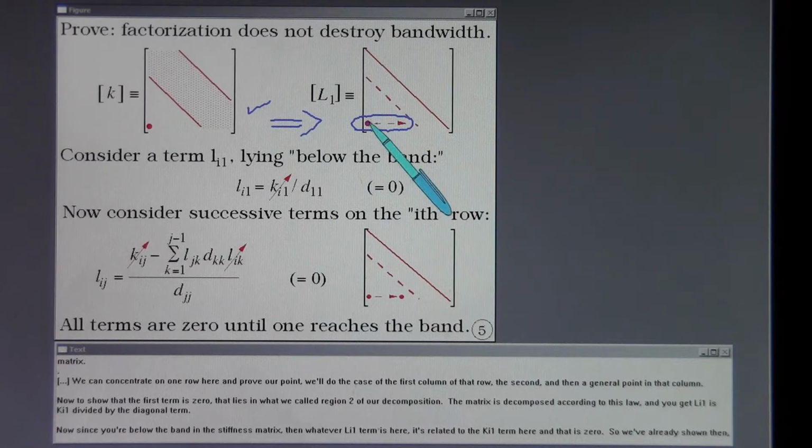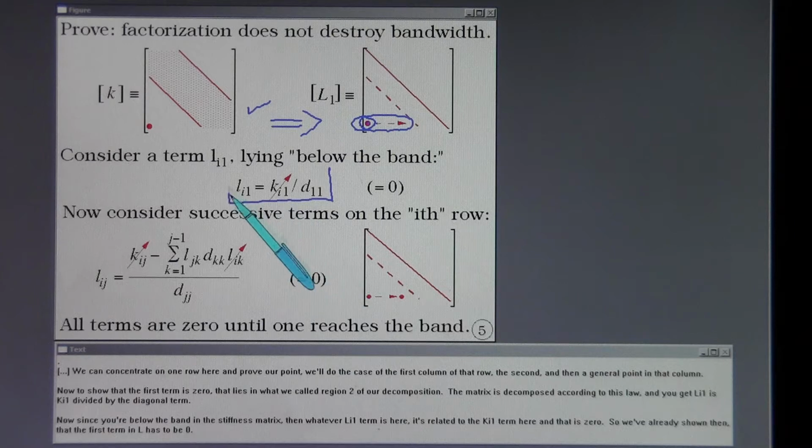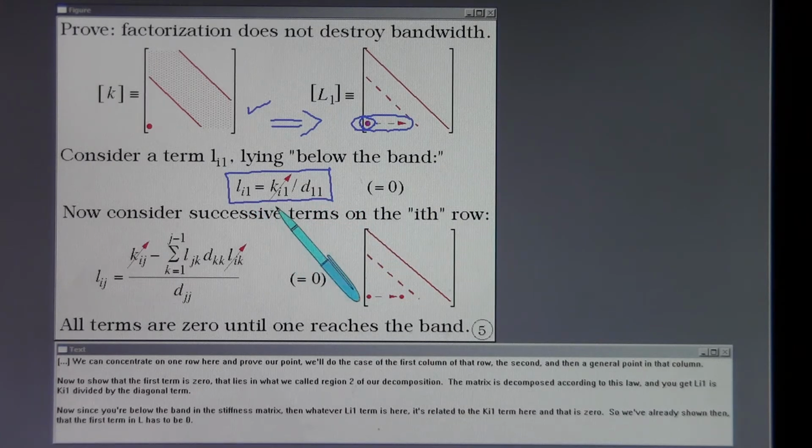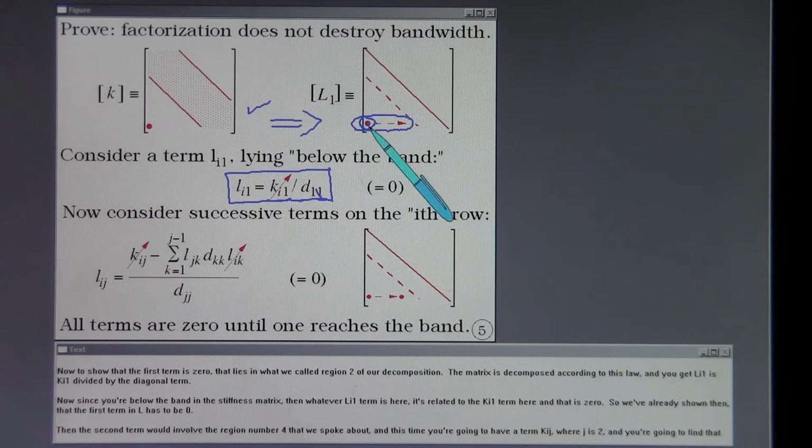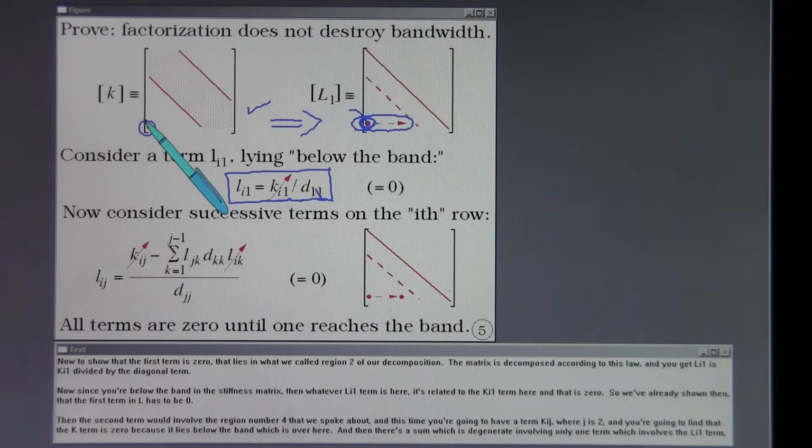Now, to show that the first term is 0, that lies in what we called region 2 of our decomposition. The matrix is decomposed according to this law, and you get Li1 is Ki1 divided by the diagonal term. Since you're below the band in the stiffness matrix, whatever Li1 term is here is related to the Ki1 term here, and that is 0. So we've already shown that the first term in L has to be 0.